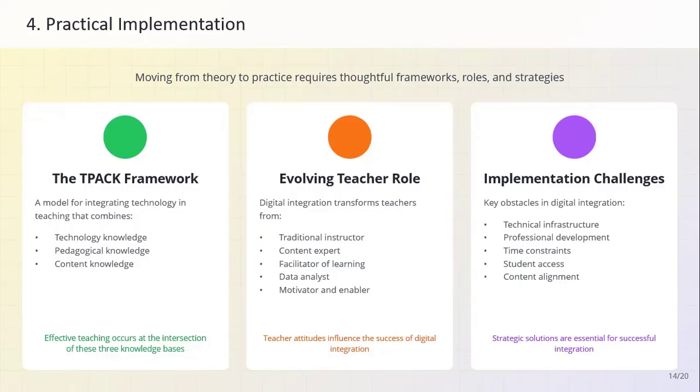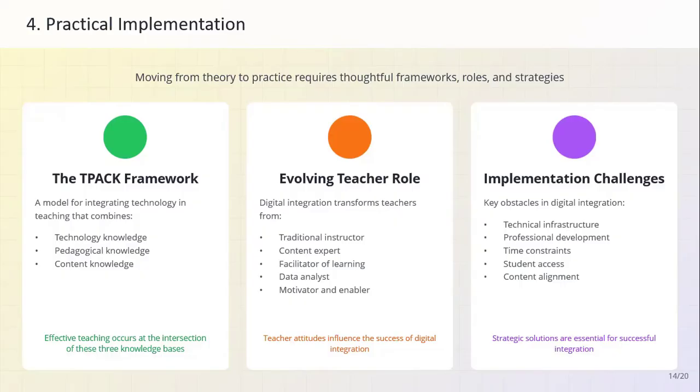The third is time constraint. I'm sure that we need some time to prepare the lesson online and also offline as well. So we may spend much time in order to integrate the AI tool or some kind of digital tool into our lesson.